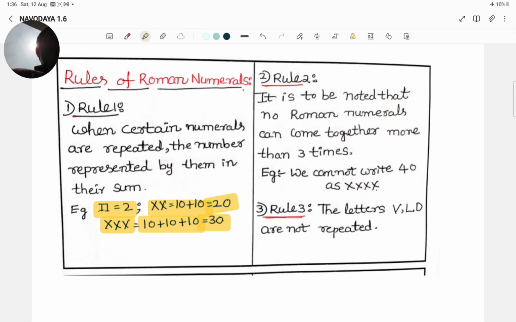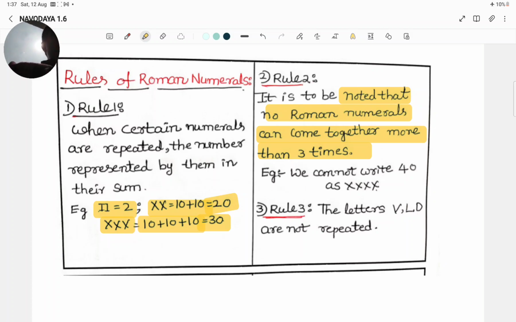Next, rule number 2: it is to be noted that no numeral can come together more than 3 times. When you are using Roman numerals, we have to write a numeral a maximum of 3 times only, never more than 3 times together.